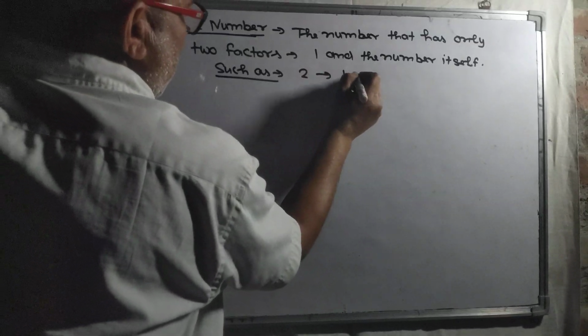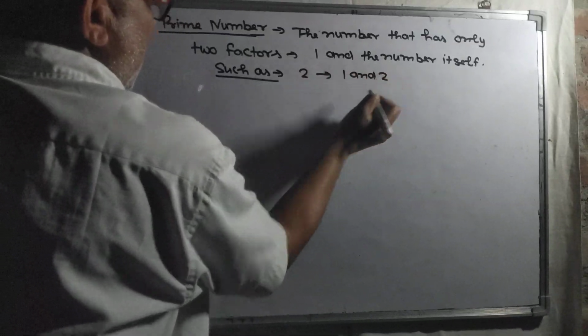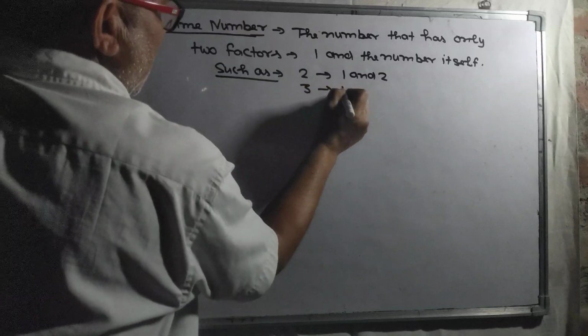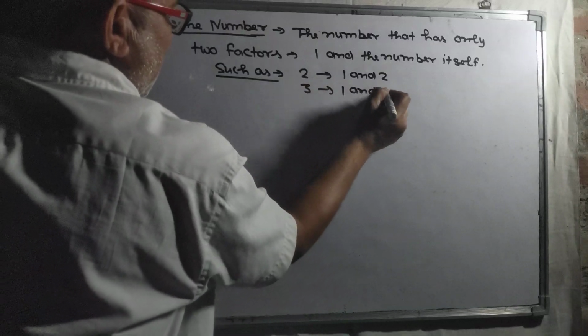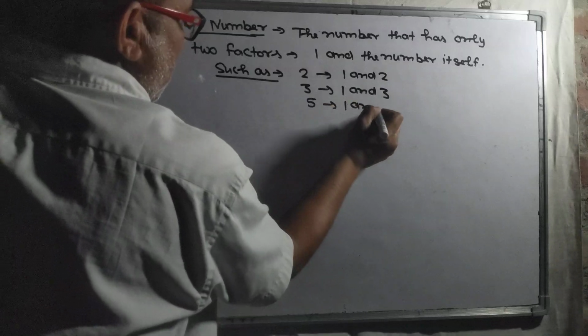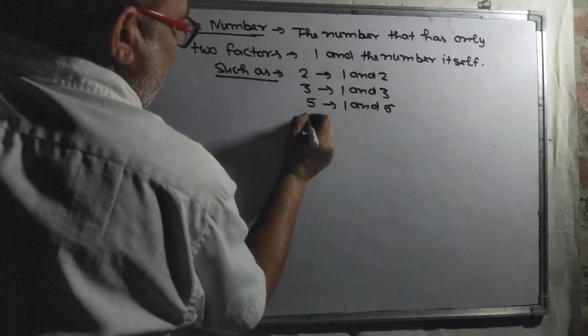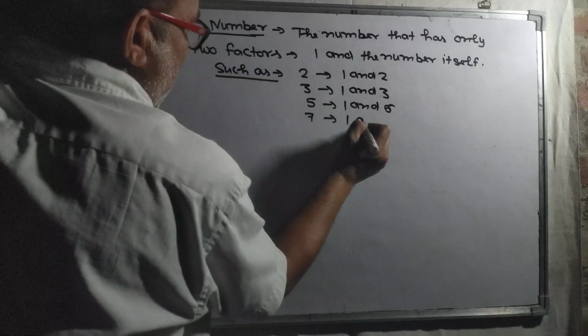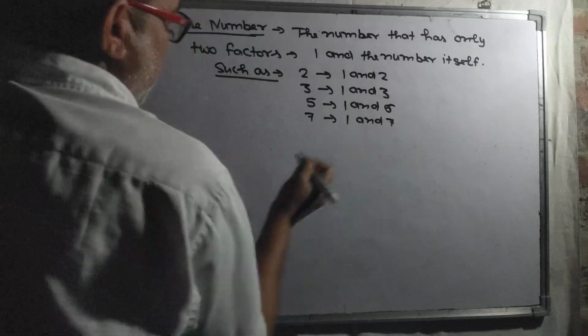Only two factors, 1 and 2. Similarly 3: 1 and 3. 5: 1 and 5. 7: 1 and 7.